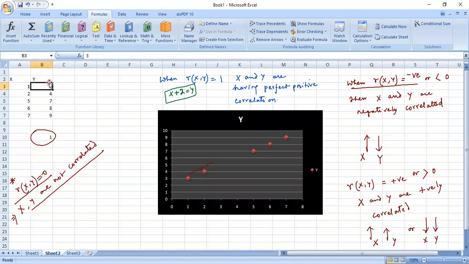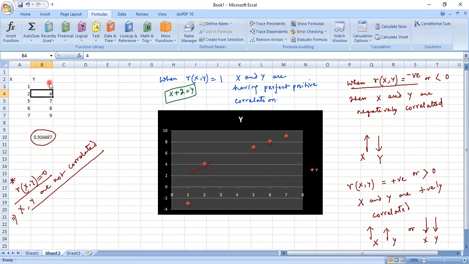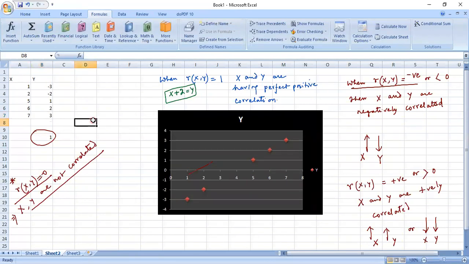Okay. So now I'll consider this. I'll consider that. See, this is also a kind of positive correlation you are getting over here.